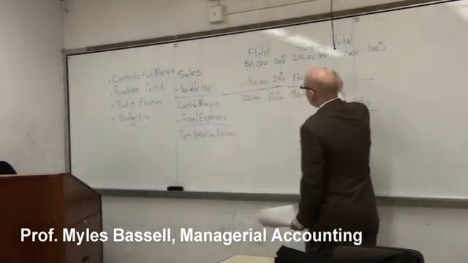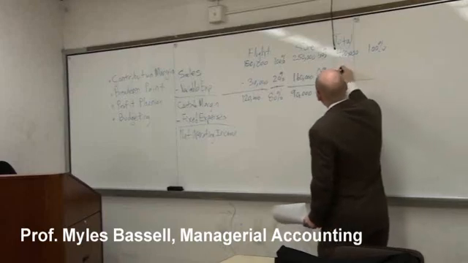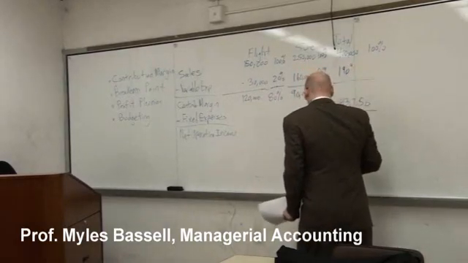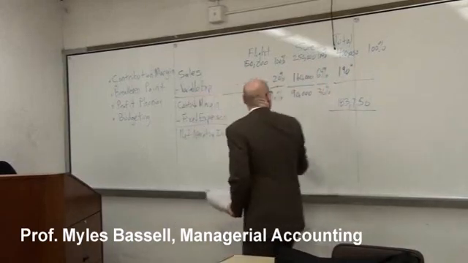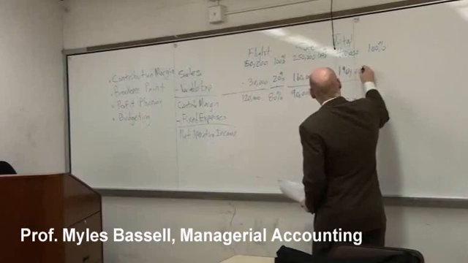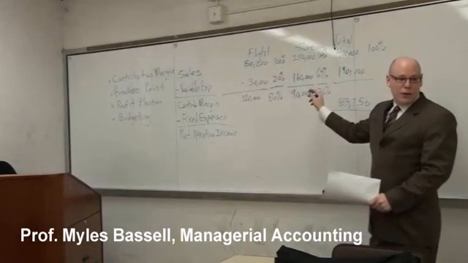All right, so what is the variable expenses for the total company here? 190,000. Which gives us a contribution margin of 210,000, right?